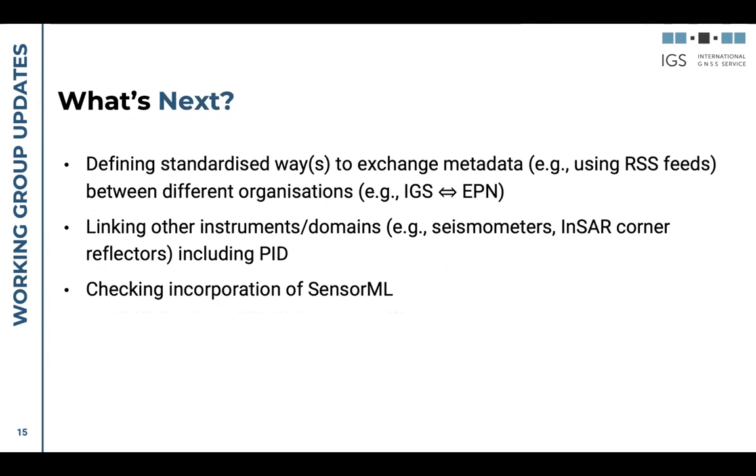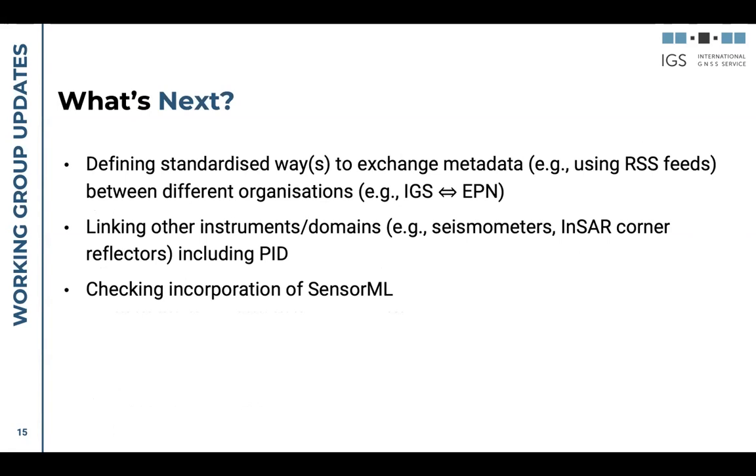We want to define a standardized way to exchange metadata between different organizations. So between IGS and the M3G, for example, or IGS and Geoscience Australia's site manager. So there are different ways how we can do it.